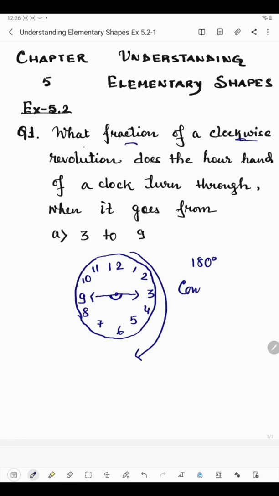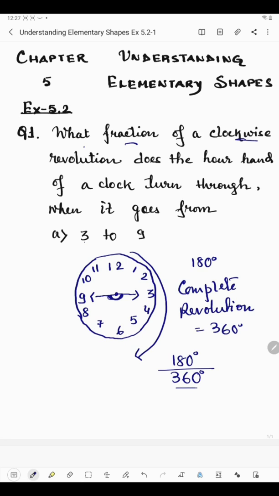We know that a complete revolution is 360 degrees, and if the hand moves from 3 to 9, it makes 180 degrees. So what part of the revolution is it? It is 180 degrees divided by 360 degrees. 360 degrees is the complete revolution and 180 degrees is a part of it, right?